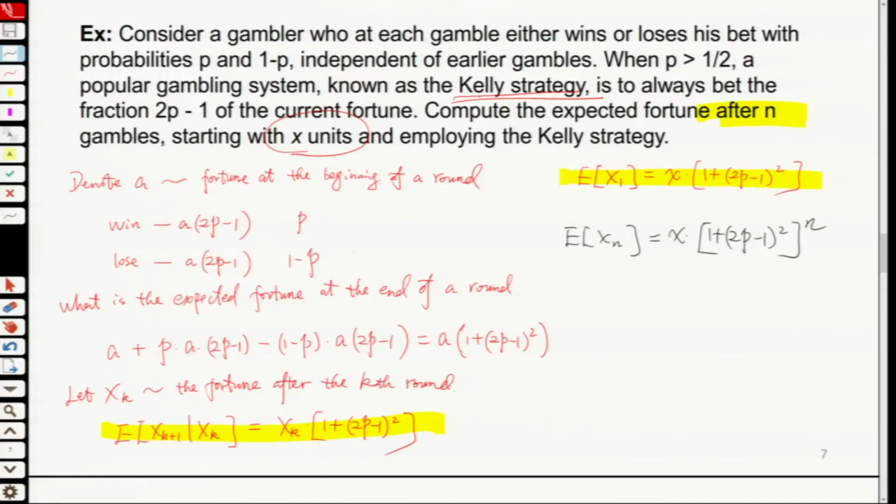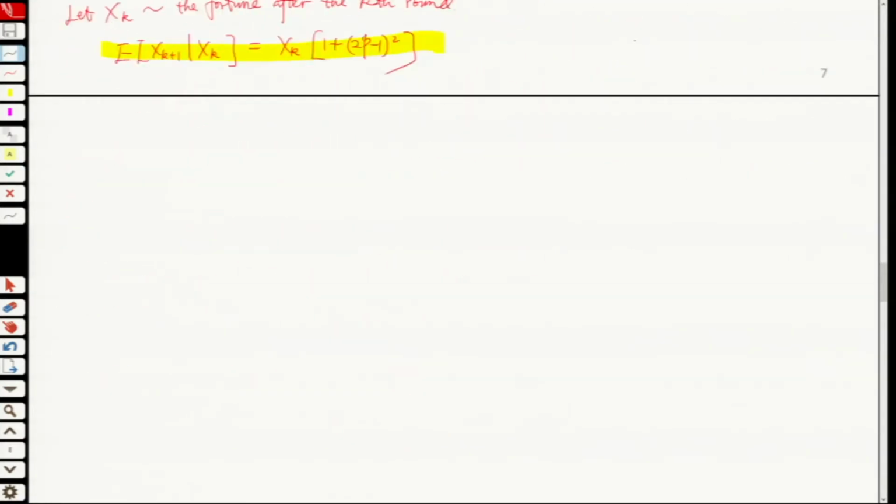We calculated the expected reward last time, but let's see in general. Kelly is actually from the name John Kelly. The Kelly strategy is named after him, and he's a scientist from AT&T.